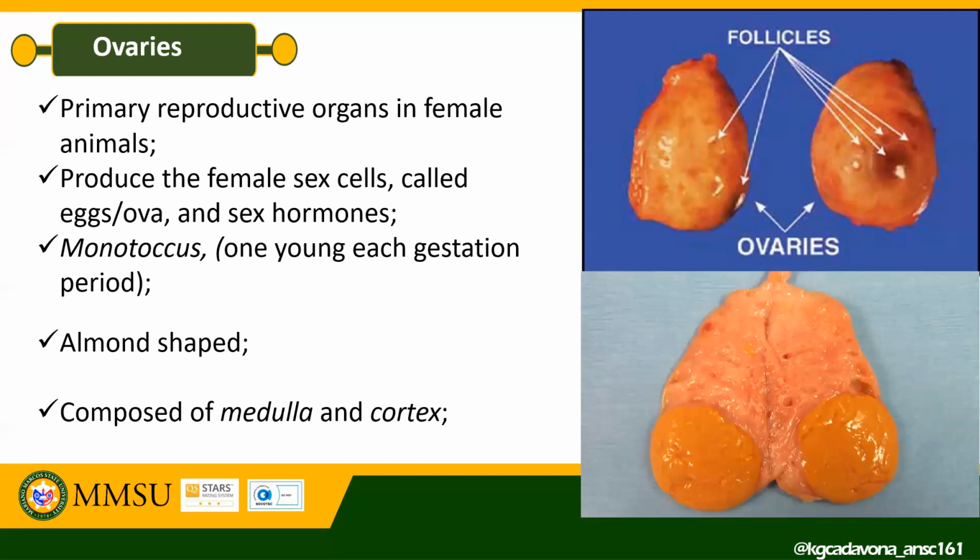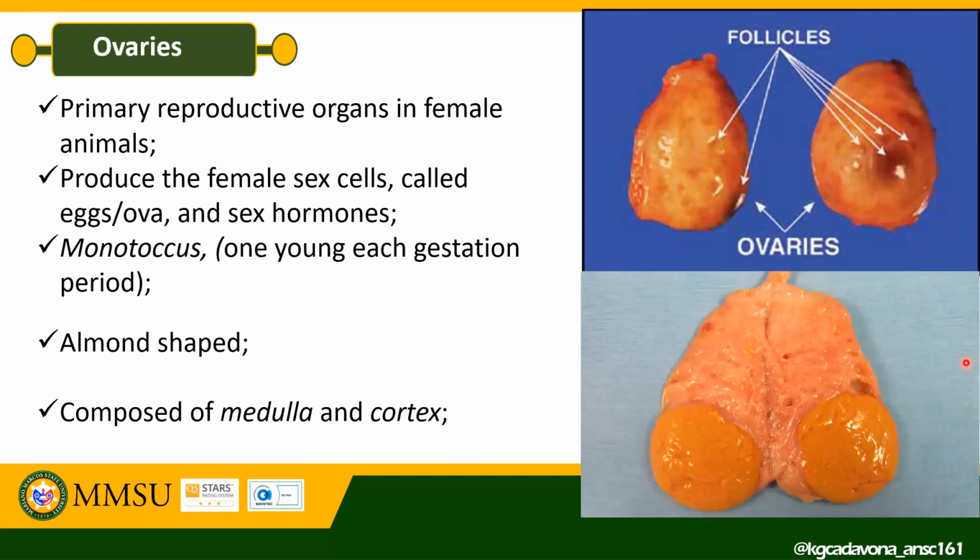But if pregnancy is not established, hormonal signals from the uterus toward the end of the estrous cycle will cause a rapid decline in the production of progesterone since no pregnancy occurred, and eventually a complete disappearance of the corpus luteum within a few days will occur.